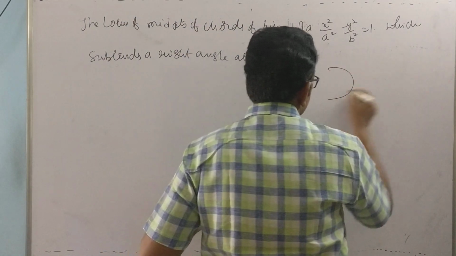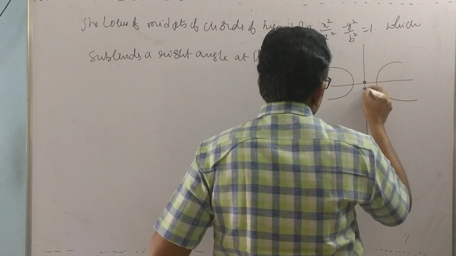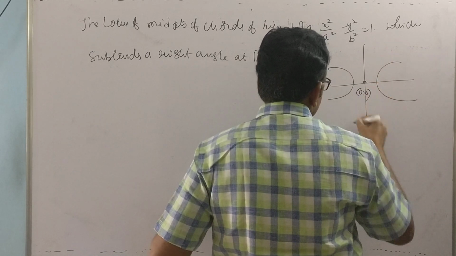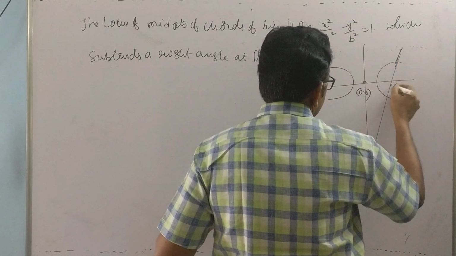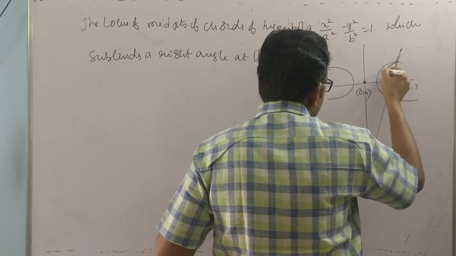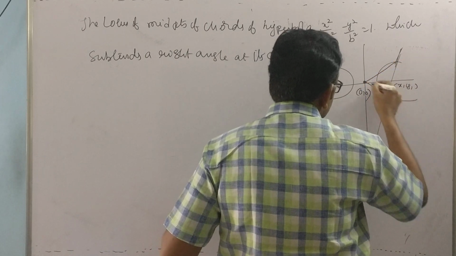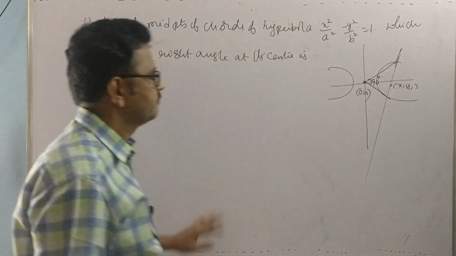See here, this is the hyperbola. This is the center, (0, 0). Suppose this is the chord. Let (x1, y1) be the midpoint of the chord. This chord makes an angle of 90 degrees at the center.